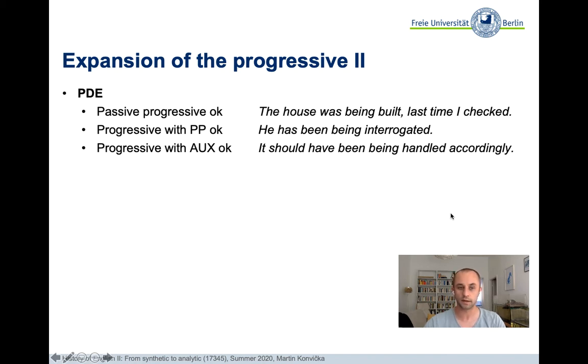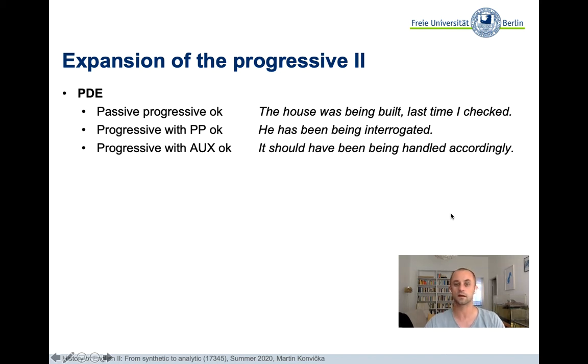For example, what we in present-day English can say are things like the house was being built last time I checked, which would be a passive progressive, or a progressive form with a past participle. He has been being interrogated, or the progressive with a modal verb such as it should have been being handled accordingly.